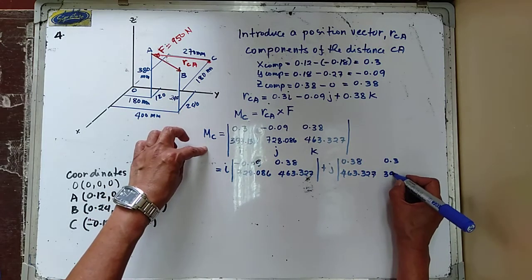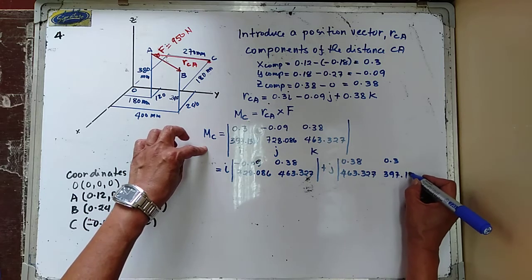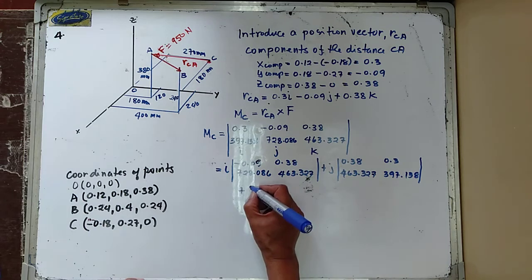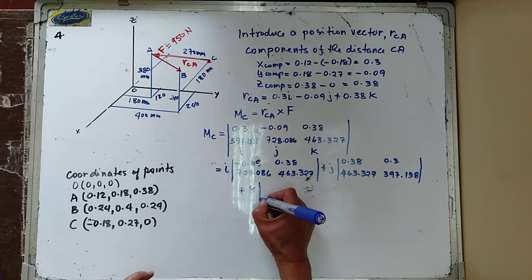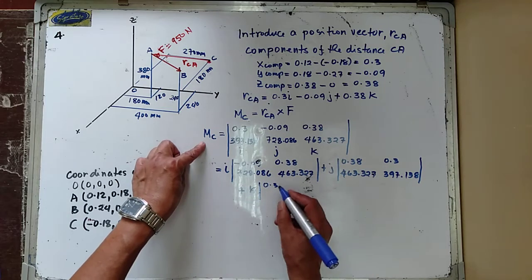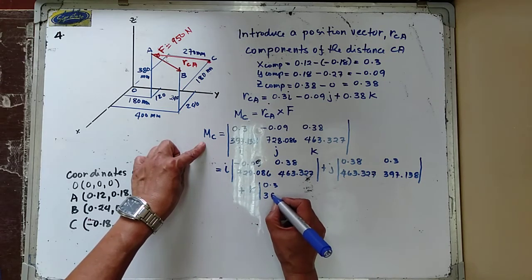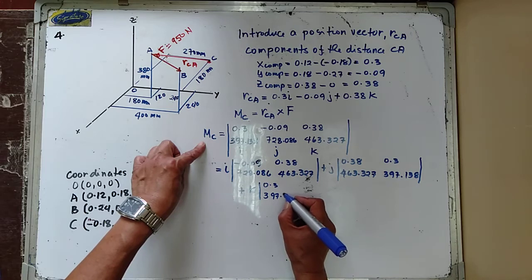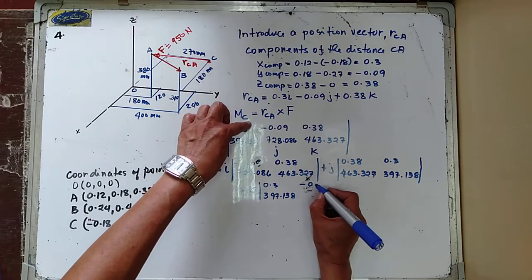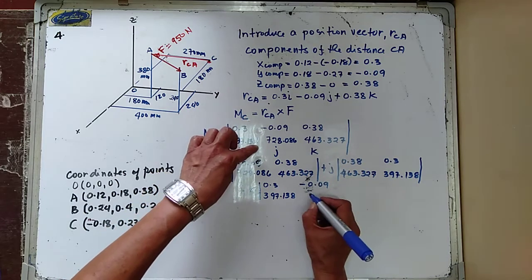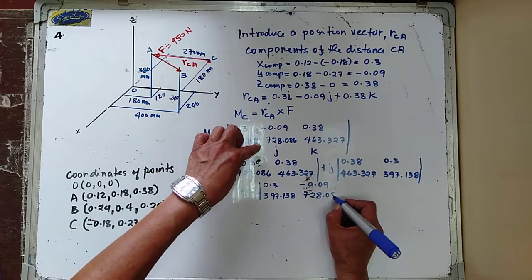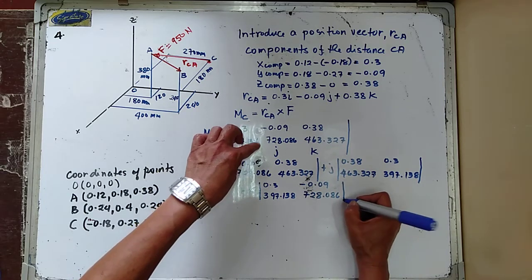This is 397.138. And then plus your K. So we have 0.3, that is 397.138, negative 0.09, this is 728.086.